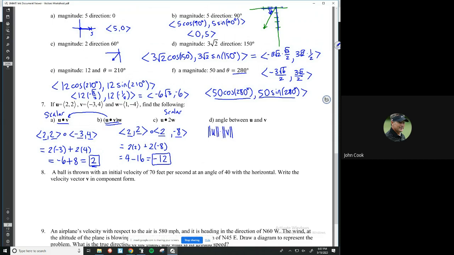It's going to be the cross product. Let's see, angle between the two vectors. I know there's a formula for this. Sorry, I don't have it memorized off the top of my head. Let me get my phone out. I'll just Google it, and I'll show you how to do it.